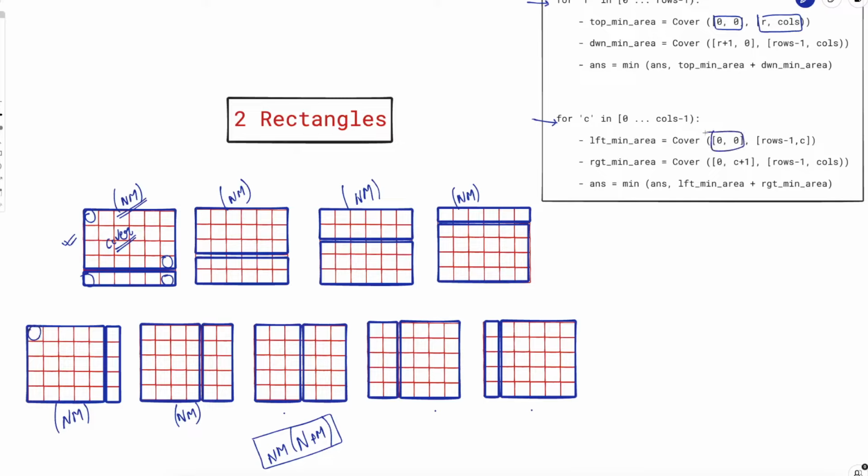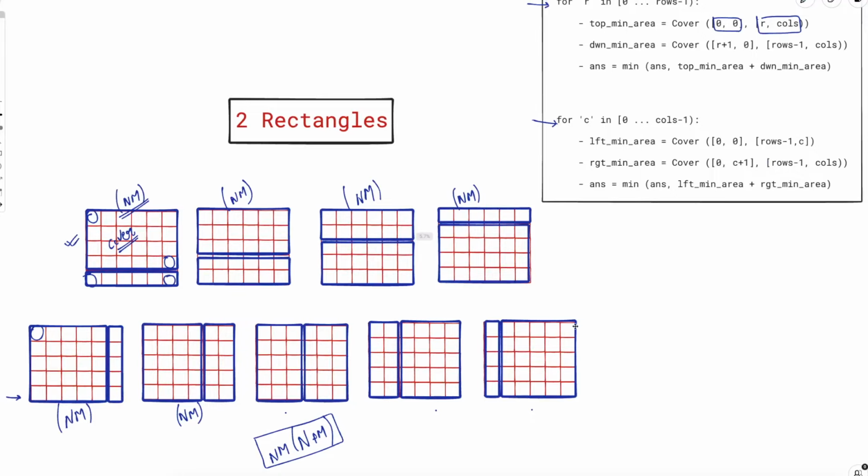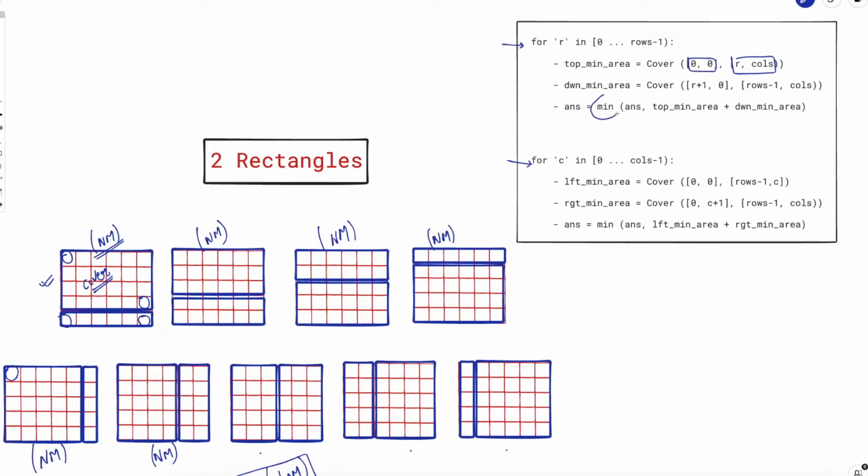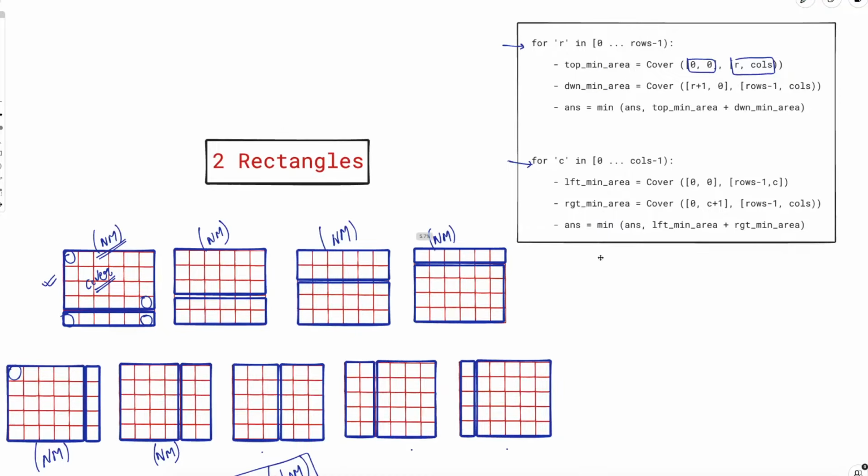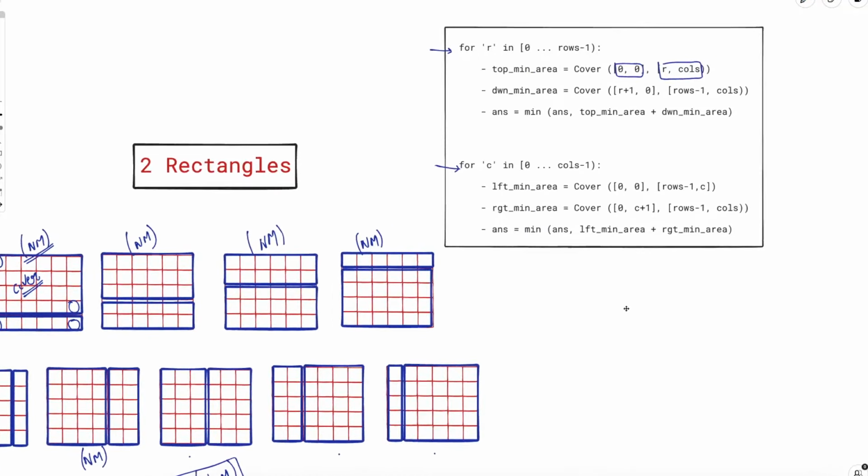The bottom right cell of the left half would be the last row and the column where you are partitioning. And the next would be 0, c plus 1 and row minus 1, columns would be the last one, which is basically the bottom right cell of the complete grid. So you will keep taking the minimum across all these possible partitionings, and finally the answer will contain the minimum area possible. So hope this entire solution is clear.